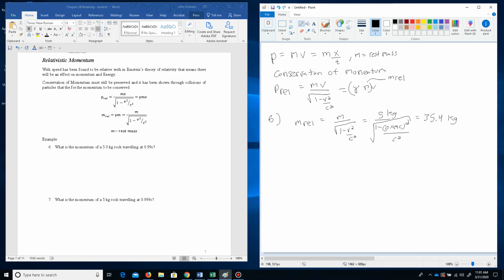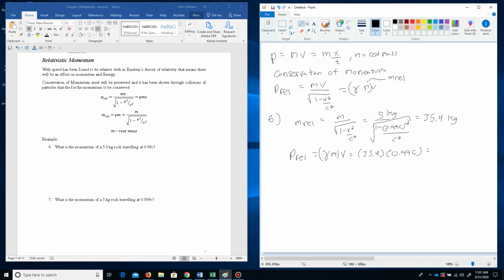So now we can go as far as finding the momentum. That's relative. And it's going to be gamma times the mass times velocity. So 35.4, which is these two, times the 0.99 c.